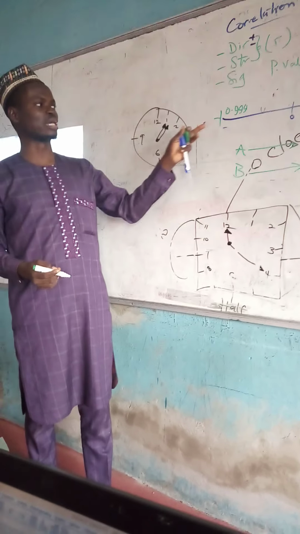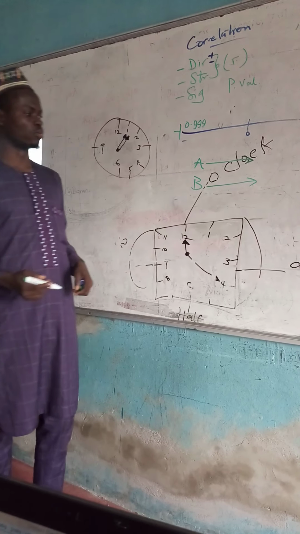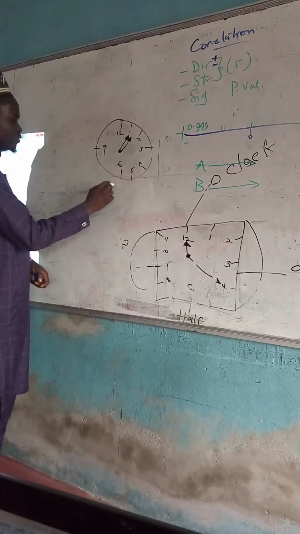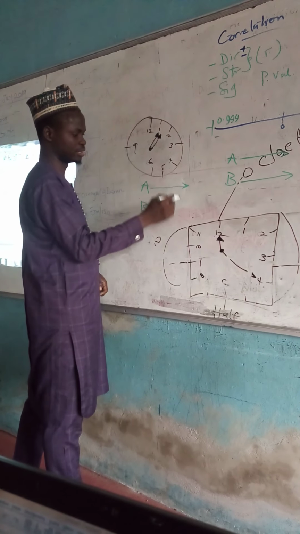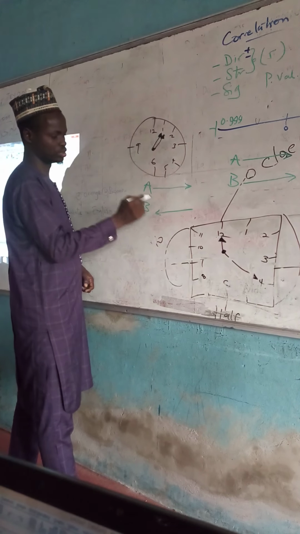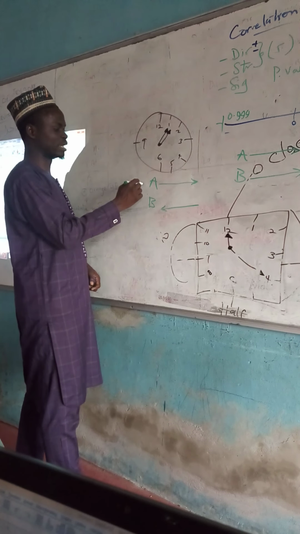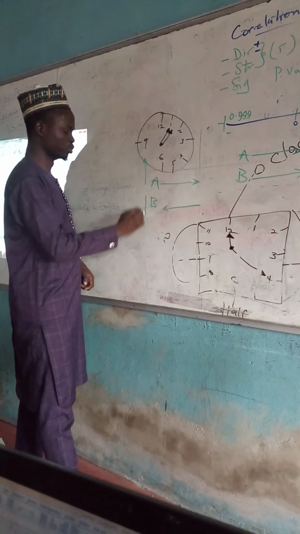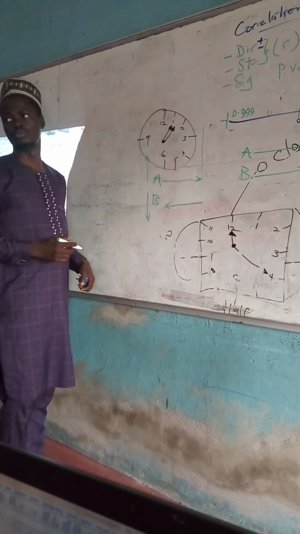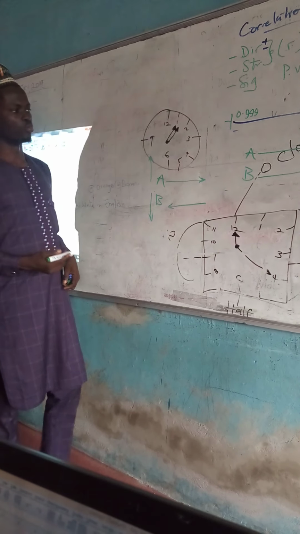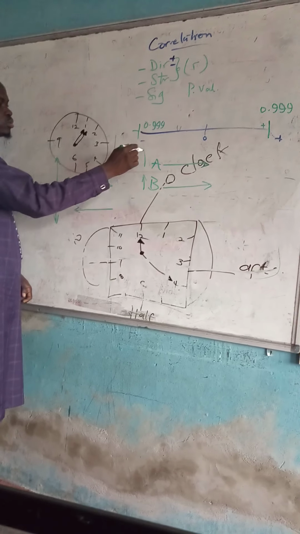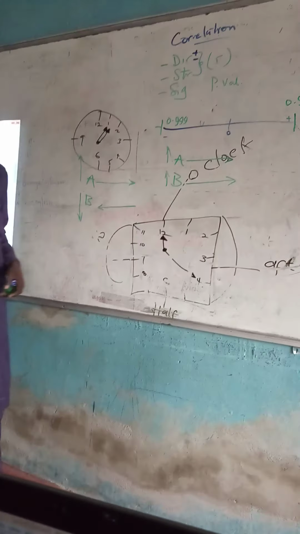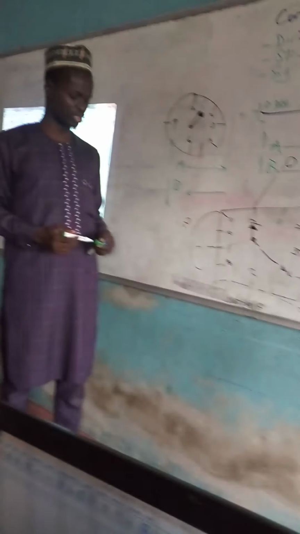When you get a negative, if it is negative, this is A and B. When A moves towards this side, B moves this direction. Or when A moves up, B moves down. That is for negative. But if it is positive, they will both move up. So that is for positive correlation.